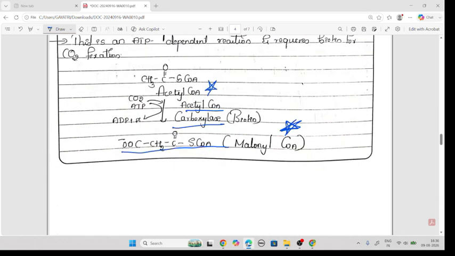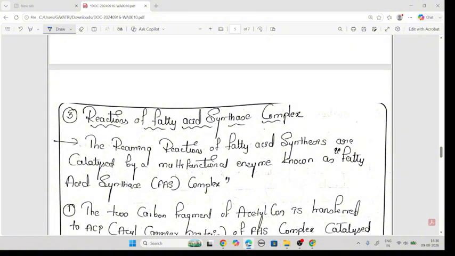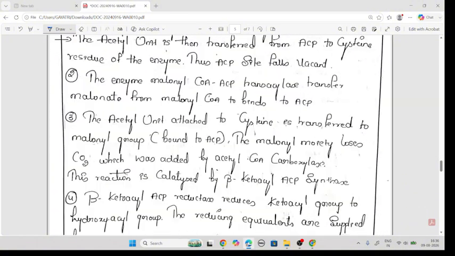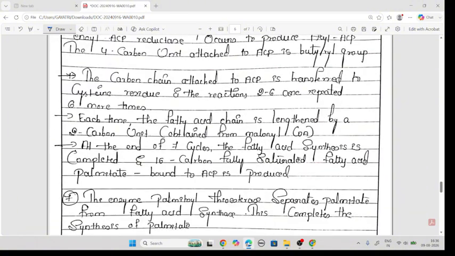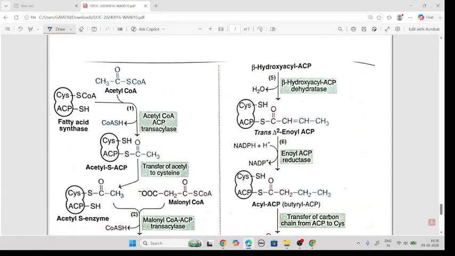Okay, so in the third step what happens? The reactions of fatty acid synthase complex. Total 7 steps are there, and we will be seeing that in detail. The acetyl CoA that has been produced will go to one important enzyme, the fatty acid synthase enzyme, FAS.